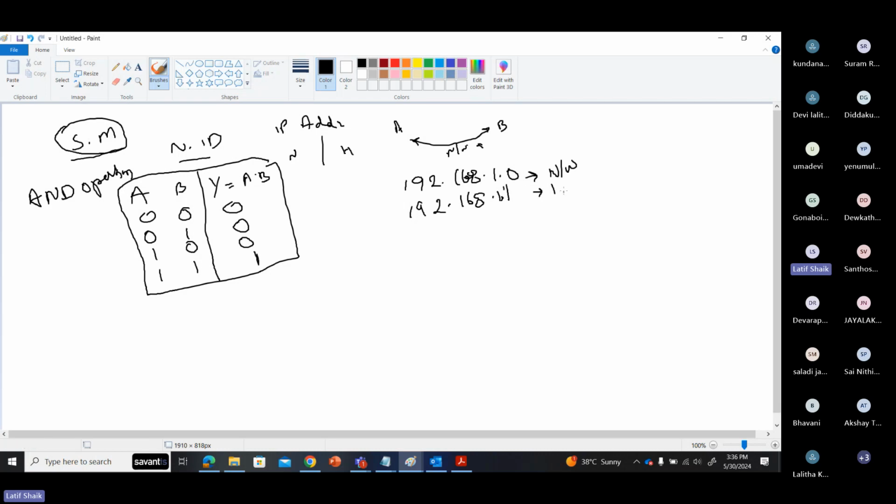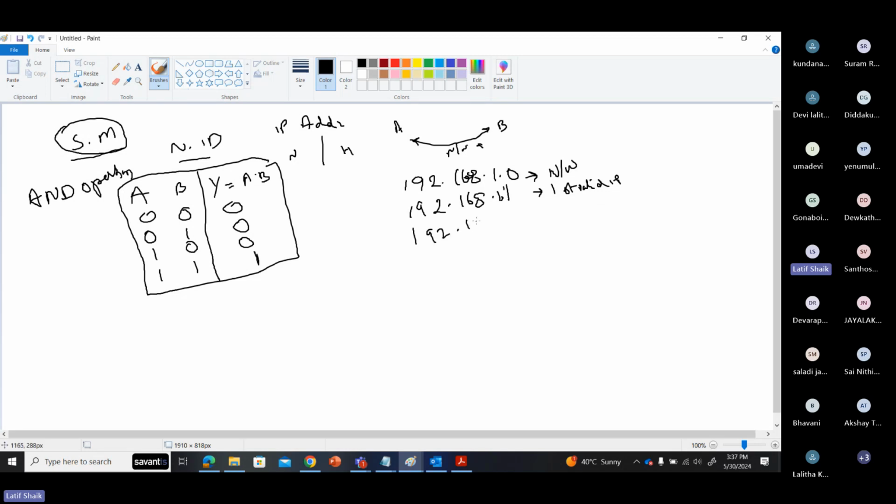Okay. It is the first valid IP. What is meant by a valid IP? You can assign that IP address to any adapter, any system. 192.168.1.1 is the first valid IP address after the network ID. You have computers, and you start assigning IP addresses one by one.